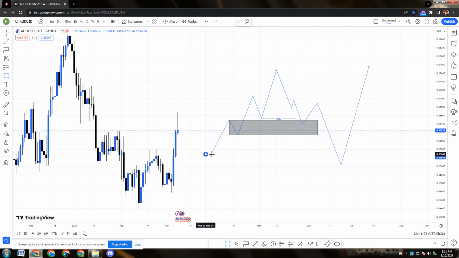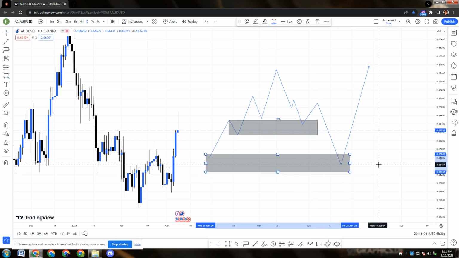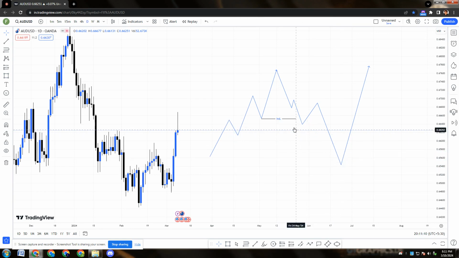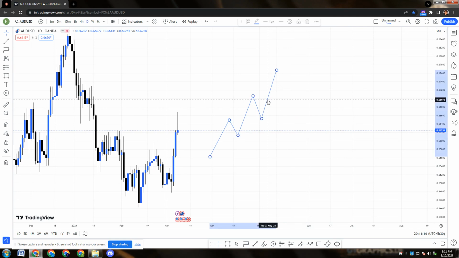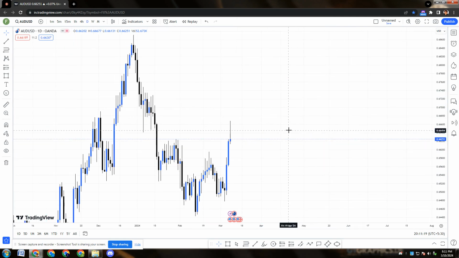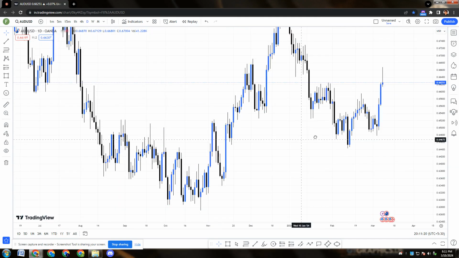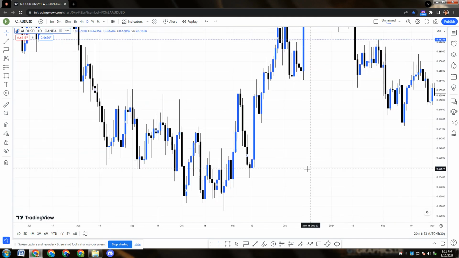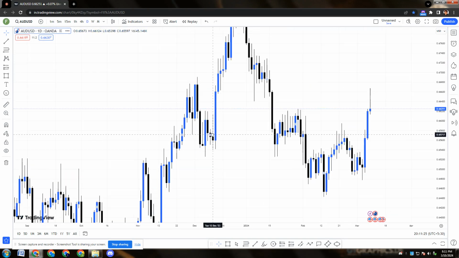The extreme OB then becomes our supply, and in a bearish market it is exactly the same, but the sides are changed. So the decisional OB and the extreme OB are our demand and supply zones, and after that there are two more supply and demand zones in the market.